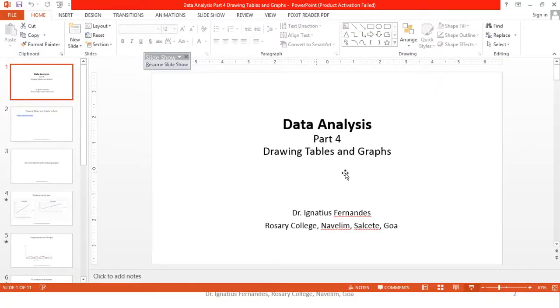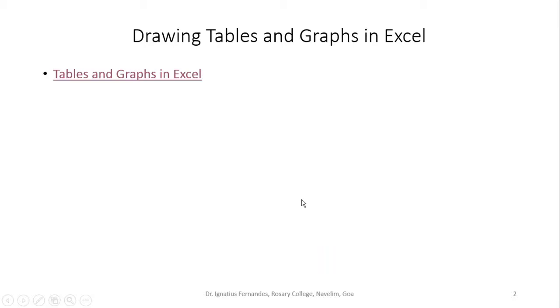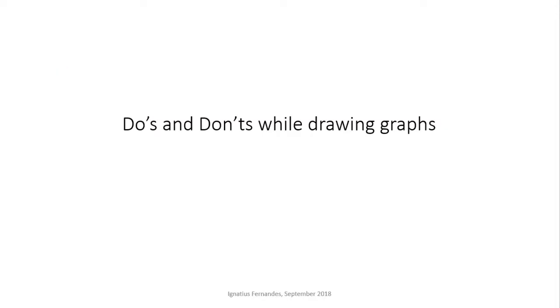So let us go back to the presentation. Now there are some things that we need to keep in mind when we are creating a graph or a table, some do's and don'ts while drawing a graph.